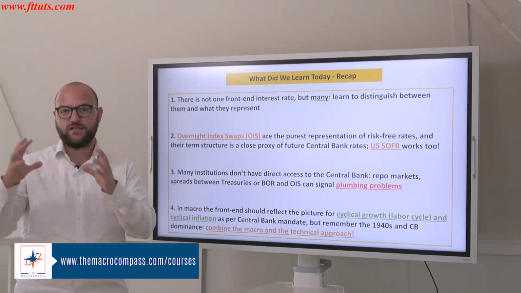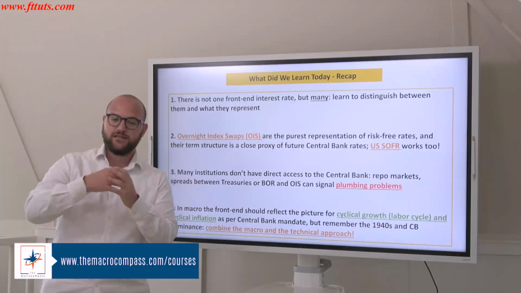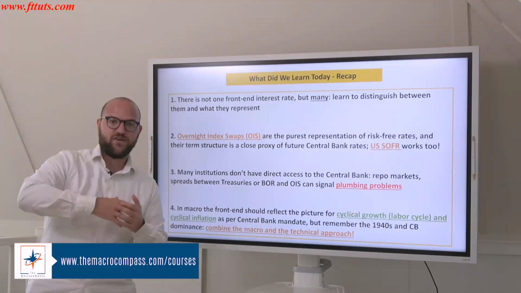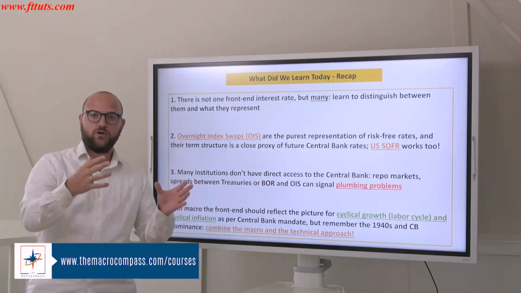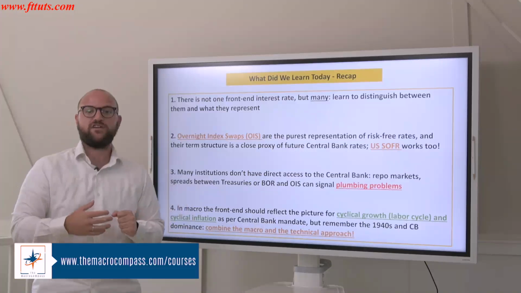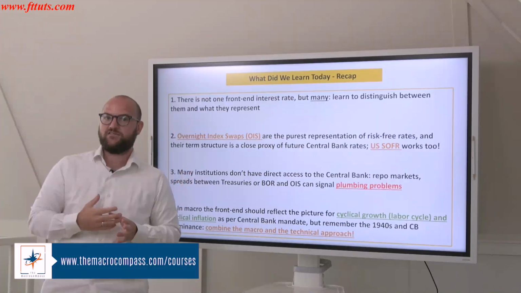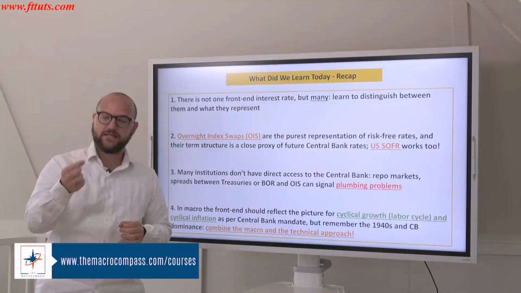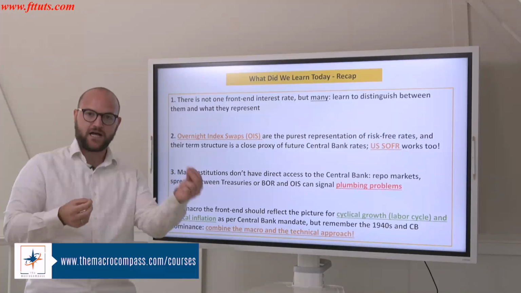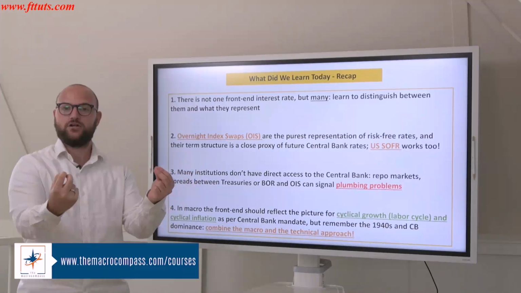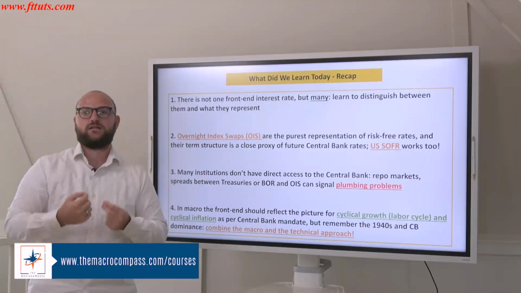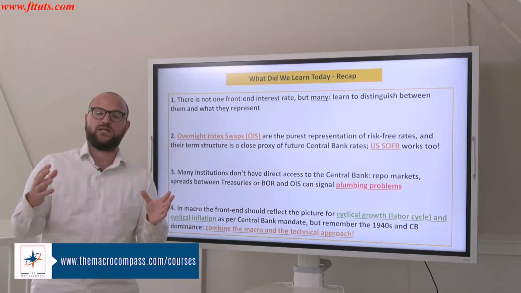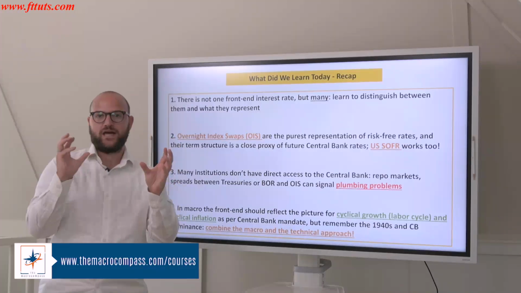Sometimes, like we have seen in the 40s, the Federal Reserve or other central banks can vastly differ in setting their monetary policy from looking at cyclical growth and cyclical inflation, because maybe they have another objective. In that case, combining the macro approach and the technical approach that we discussed remains the best way to look at bond markets. Actually, it always remains the best way, macro approach and technical approach.